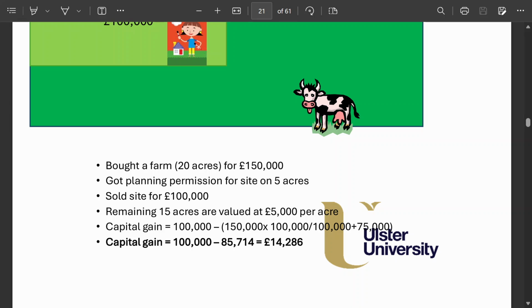In most of these examples, like the 1982 rebasing and the husband-wife sales, we are always considering gross disposal proceeds and acquisition cost, and that's it. So here, what is the acquisition cost going to be taken as for the part of the farm that is sold?